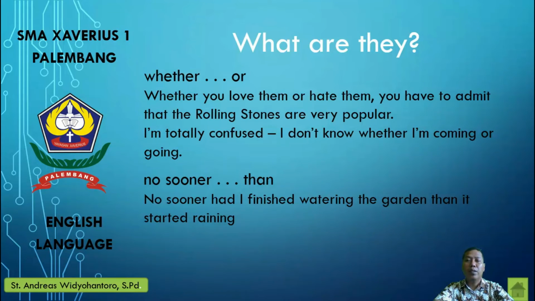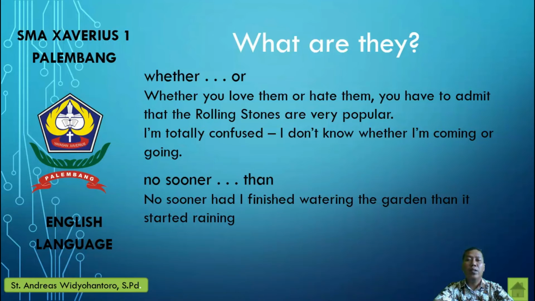The next, whether... or. Whether you love them or hate them, you have to admit that the Rolling Stones are very popular. Second, I'm totally confused. I do not know whether I'm coming or going. Here, we have two choices, and you may choose one.